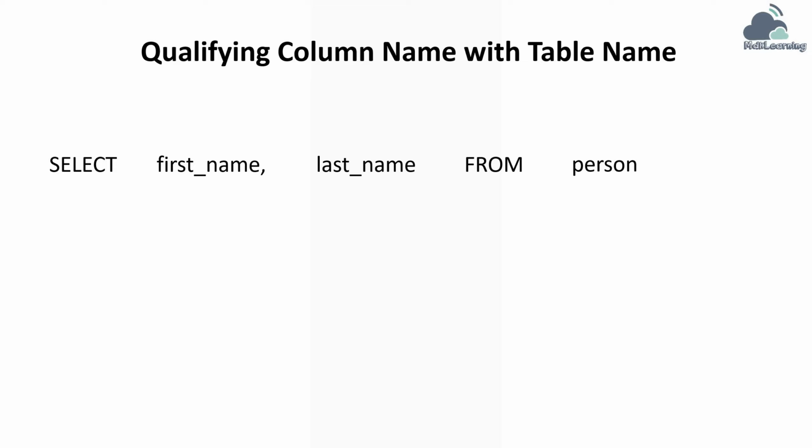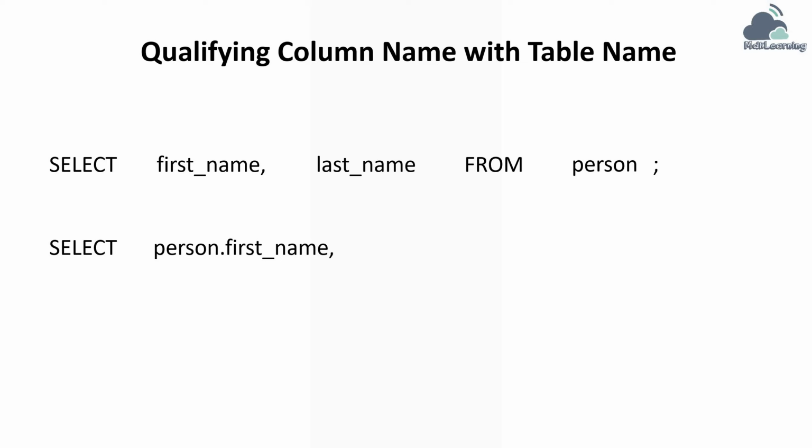Now, a good practice is, instead of saying first name, last name from person, semicolon, it's a good idea to qualify every column name in your select list with the table name. So if we were going to do that in this case, first name would turn into person dot first name.